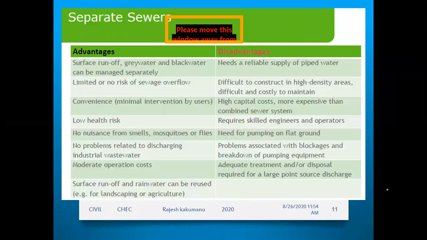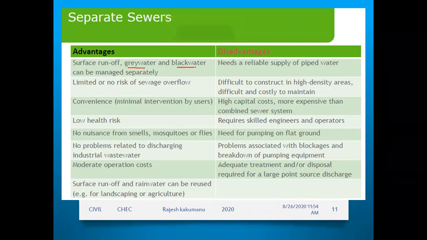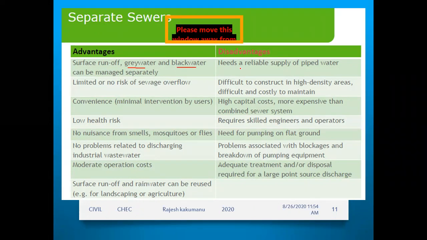See the advantages. Surface runoff, grey water and black water can be managed separately. Grey water means the waste water, black water means the polluted water. The surface runoff can be done very easily and can be managed separately. What else? Needs reliable supply of piped water.